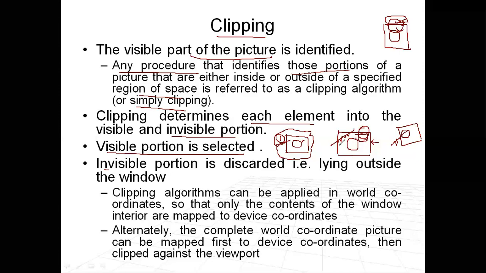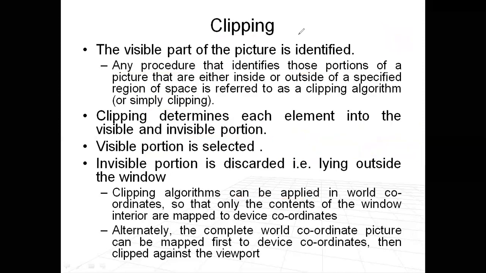These clipping algorithms can be applied in two ways. I have told you earlier about window to viewport mapping. We have two types of coordinate systems: one is the world coordinate, and the other is the viewport coordinate. So we do the mapping. An object can be clipped at two levels.